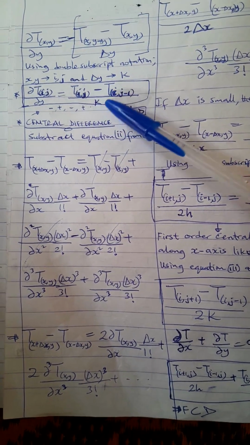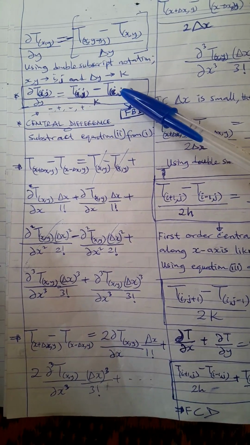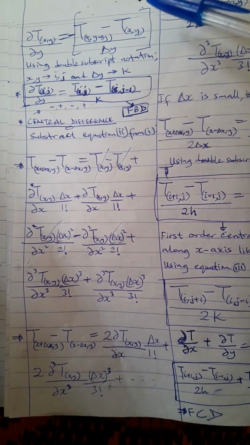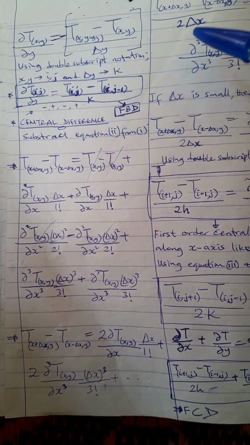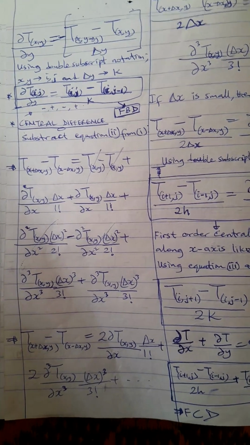So this is the first order backward difference along y direction. So we now add the two together, the x and the y together, to give you the first order backward equation.